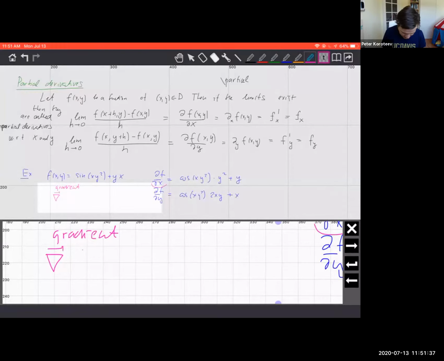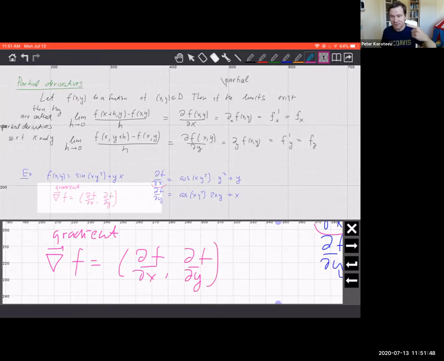It's this nabla f, which, if f is a function of two variables, looks like a vector with components df over dx, df over dy. So this will be a vector. And you can see here, the larger each component becomes, the stronger is the change of the function in that direction.